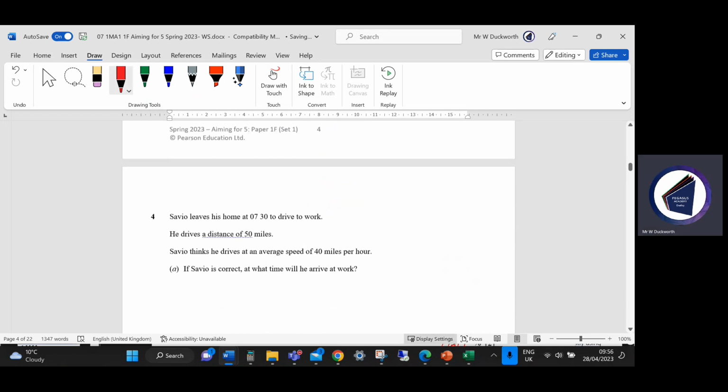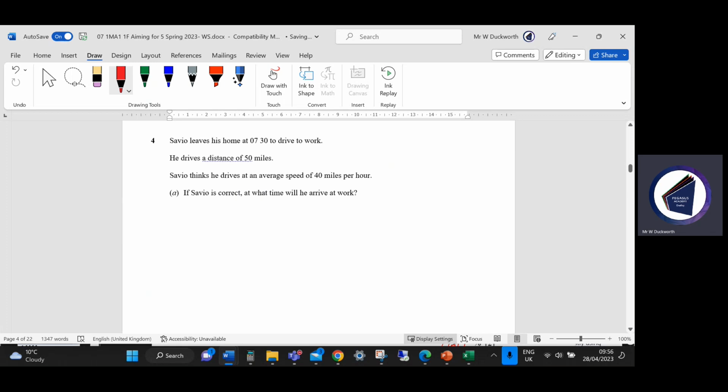Right, question 4. Savio leaves his home at 7:30 to drive to work. He drives a total distance of 50 miles. Savio thinks he will drive at an average speed of 40 miles per hour. If Savio is correct, what time will he arrive at work?